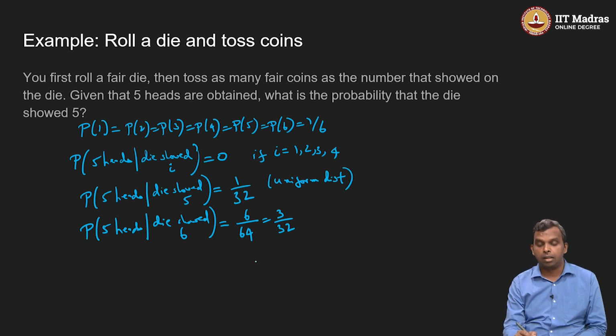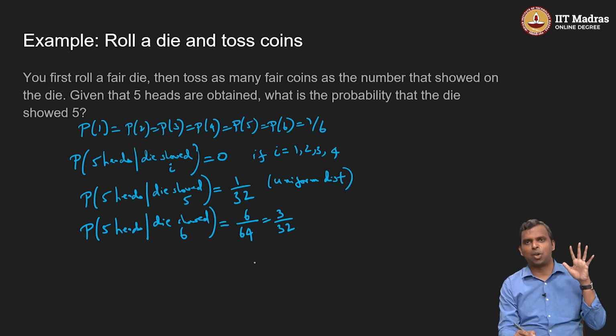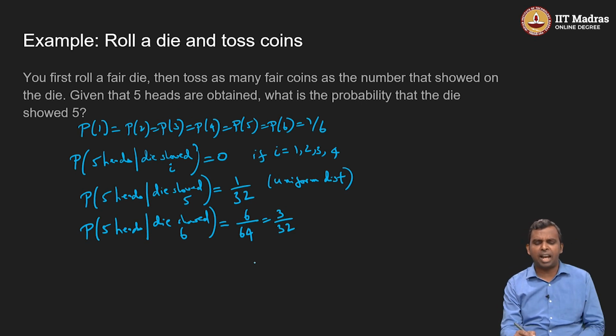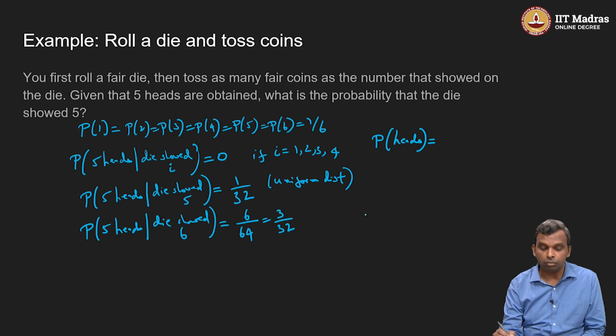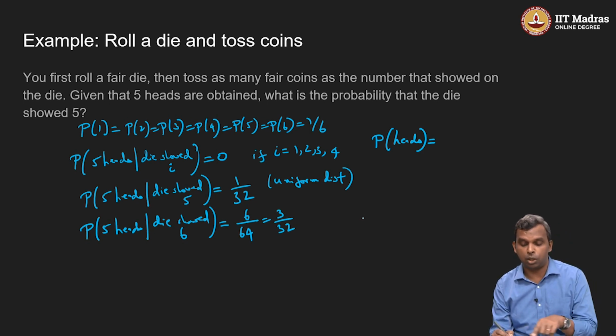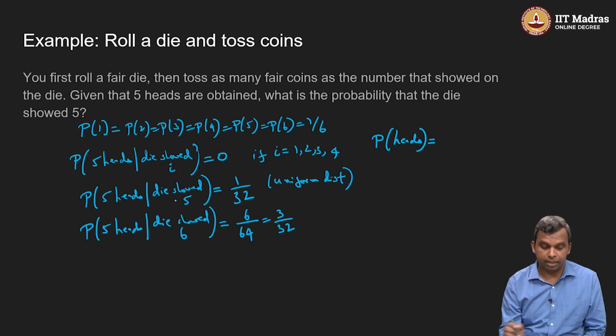So you have this complex thing that you are trying to find. You have done your partitioning. So now I am ready to find the probability of 5 heads. All the i equals 1 to 4 cases will go away, only these two remain.